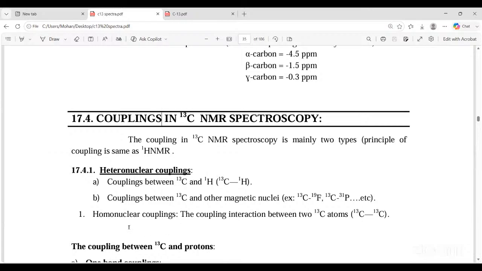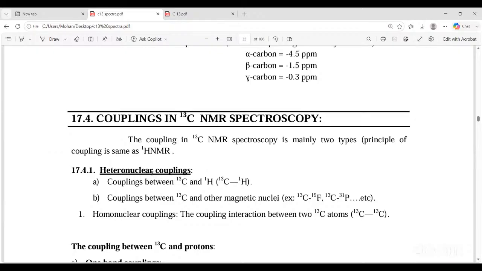Homonuclear coupling is the interaction between carbon and carbon. Like in the proton NMR spectra, the homonuclear coupling is between hydrogen and hydrogen, the same thing here. The homonuclear couplings involve the interaction of carbon and carbon.